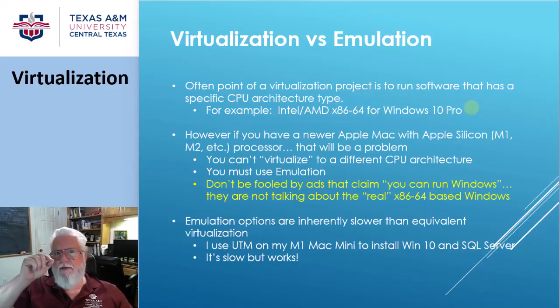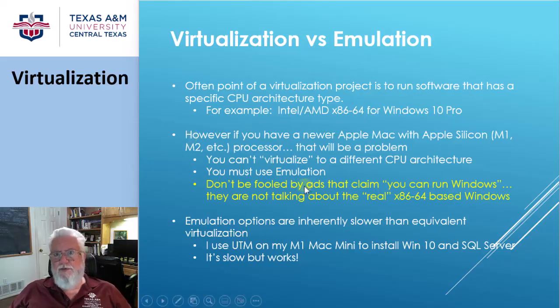So, if that project requires you to install honest to God, real Windows applications, you need a real copy of Microsoft Windows, not the ARM version of Windows, which is kind of a cut down version. So if I have an Apple Mac with an M1 chip, then that's not going to work, and I cannot use a virtualization product. I have to use an emulation product.